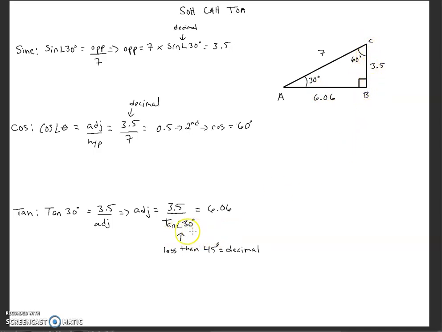And when you divide by a decimal, this number is going up. So you have the tan of 30 degrees, which is going to be a decimal, and that gives us 6.06. So we have another triangle solved.